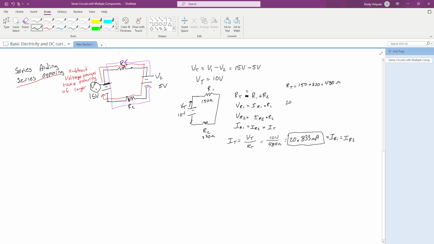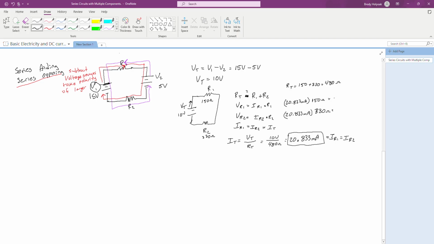So I'm going to take 20.833 milliamps, and I'm going to multiply that by 150 ohms. And I'm going to take my 20.833 milliamps, and I'm going to multiply that by my 330 ohms. So I get 20.833 milliamps times 150 ohms.